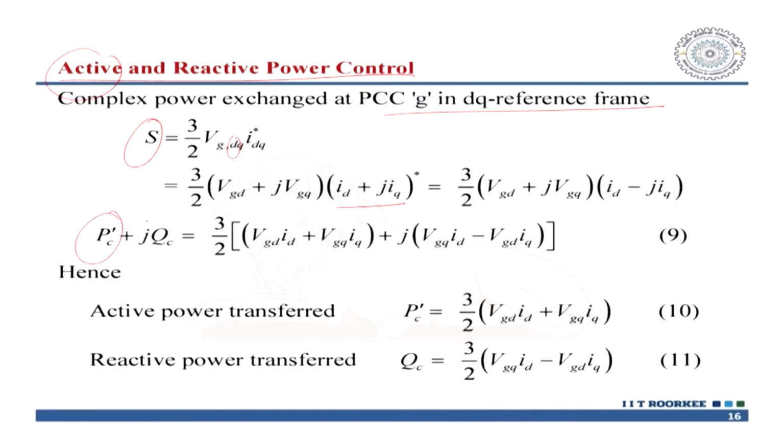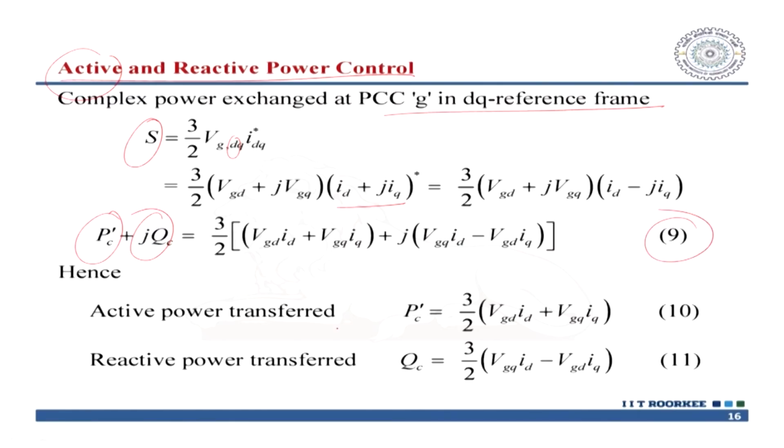From there we can split the real and the reactive part of the power. So, it is 3 by 2 (Vgd Id plus Vgq Iq plus j(Vgq Id minus Vgd Iq)). So, that becomes equation number 9.